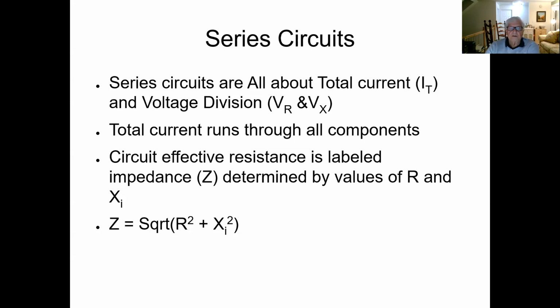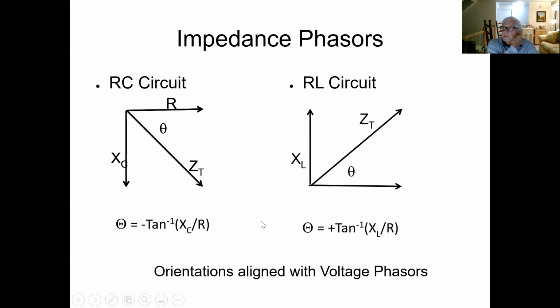And we figure out what the total impedance is by taking the square root of R squared plus reactive squared. And we can do that using an impedance circuit phasor. So in the case of an RC circuit, R is where everything is measured, that's our reference component, R. XC is behind it, lagging.